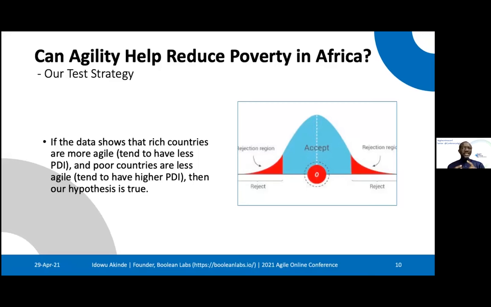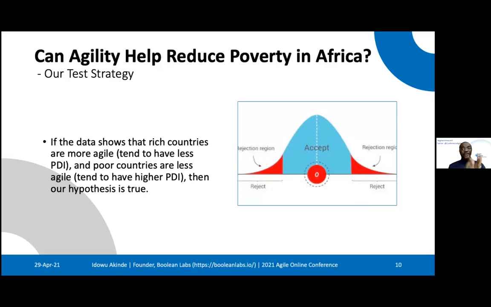In other words, is there a general observable phenomenon among poor countries that it is generally difficult for subordinates, both at the organization and at the national level, to speak to their superiors and or authorities without fear of negative consequence.